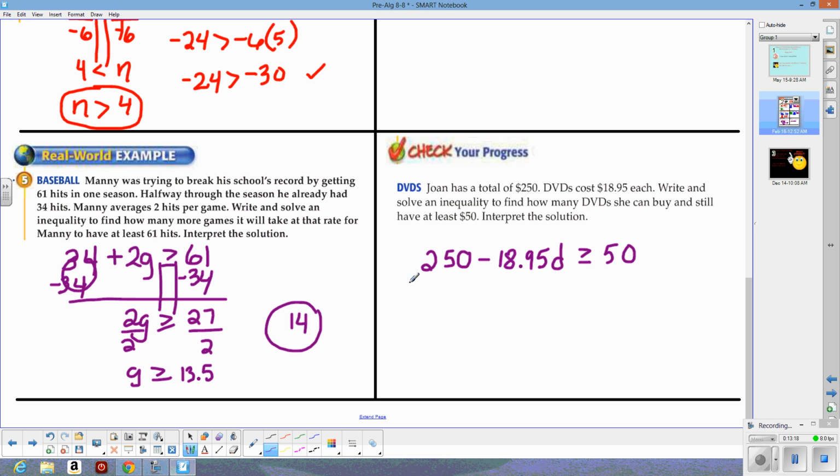Now we'd want to subtract 250 from both sides. And you're left with a negative 18.95D on the left side is greater than or equal to a negative 200.